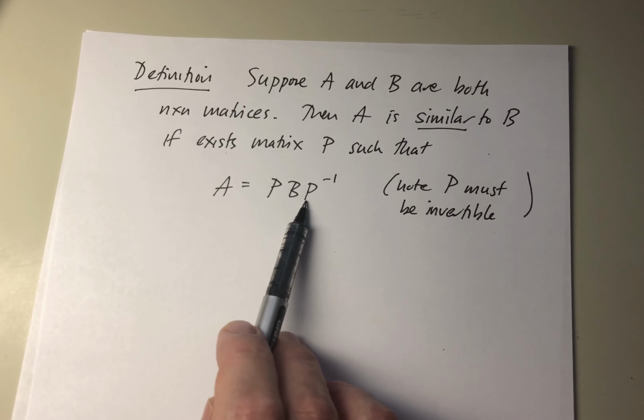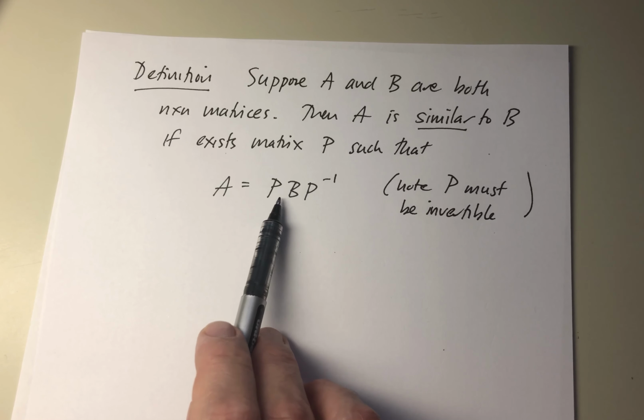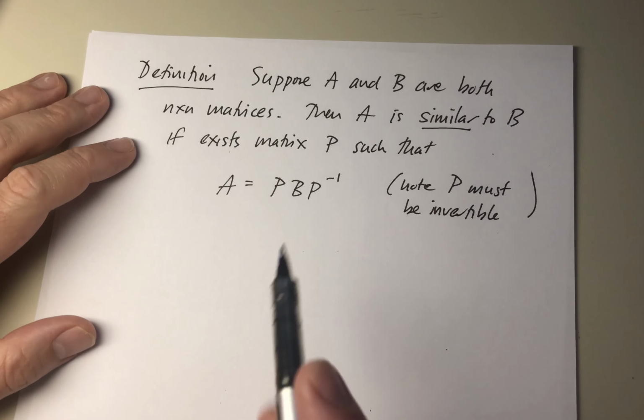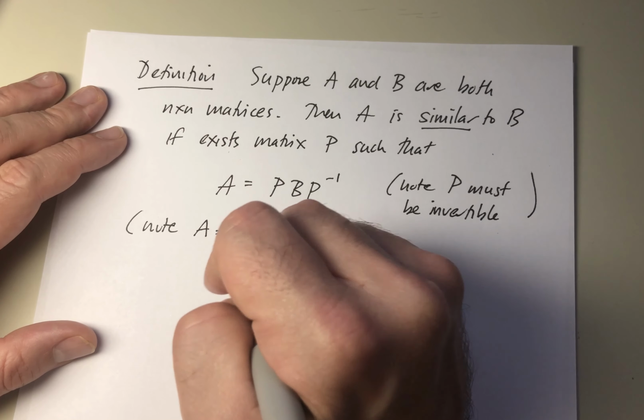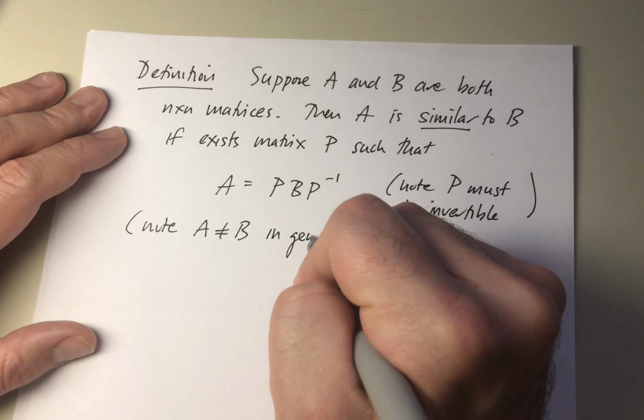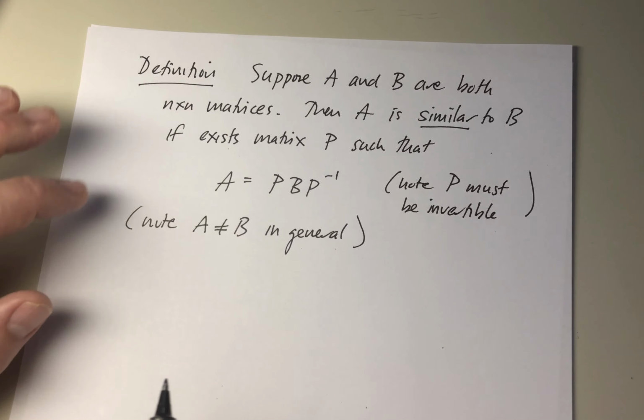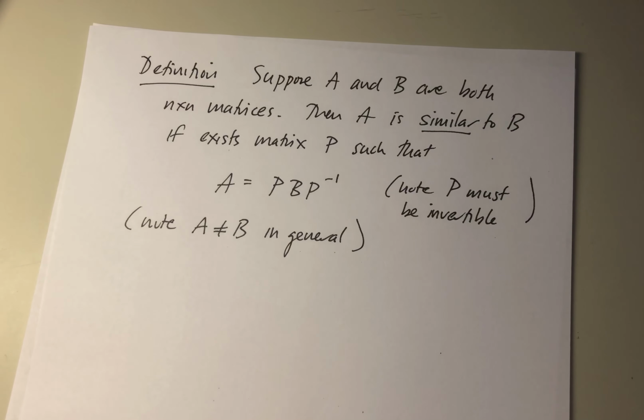I can't just switch the roles of B and P inverse to get the identity so that A actually equals B. We're not saying that A equals B; this is a looser notion.